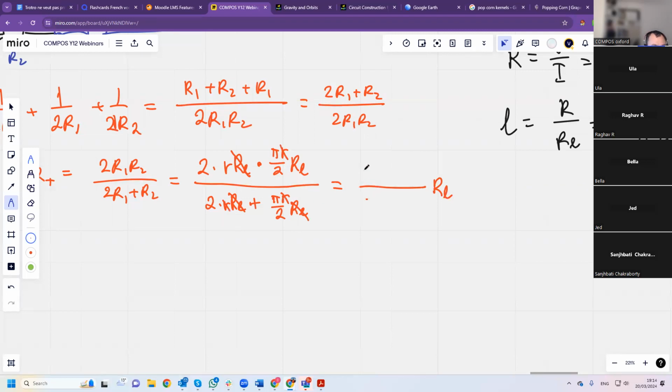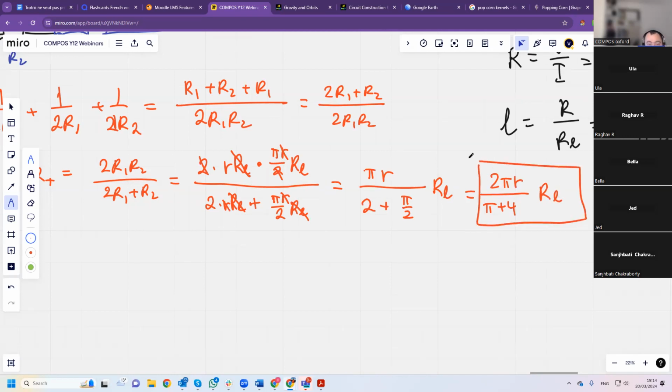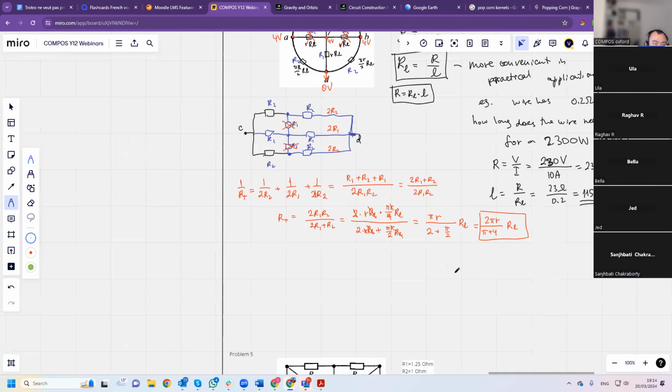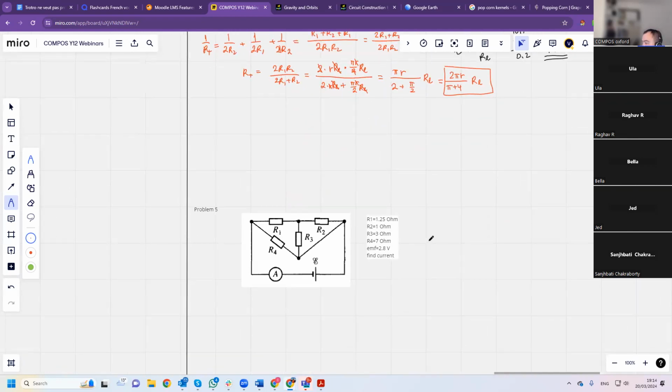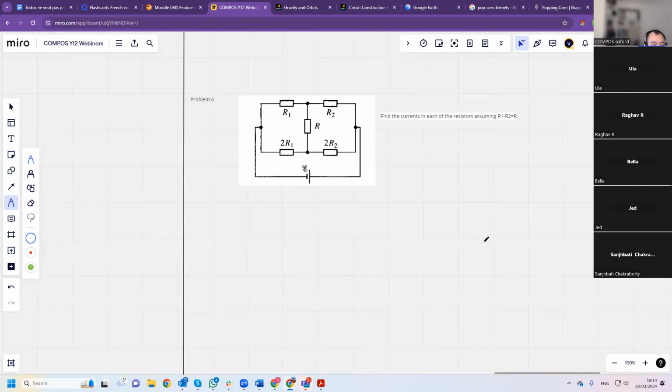So we have 2 cancels, pi r divided by 2 plus pi over 2. Let's make it slightly prettier. So that's 2 pi r divided by pi plus 4 RL, and that's the answer. Not a particularly pretty answer, but it works.